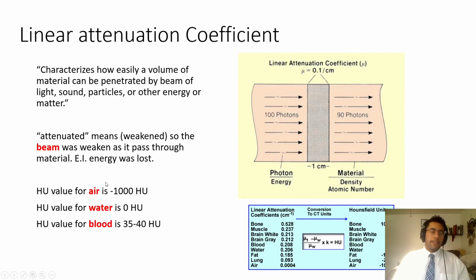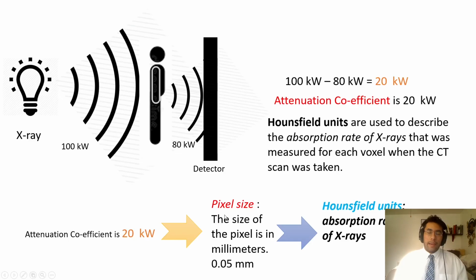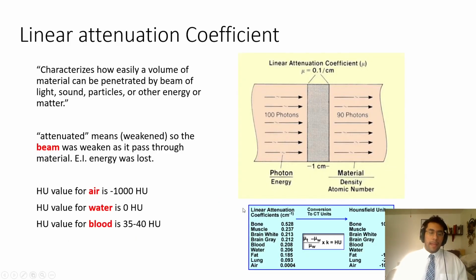Air is actually the value of 0 for our pixel grayscale. So 0 is black as a pixel, and now it's negative 1,000 on the Hounsfield scale. So if we go back to this calculation here, you plug in your numbers for the pixels, and then you multiply by 1,000. If we plug in 0 for water and air, we can see that we're just going to end up with negative 1,000.